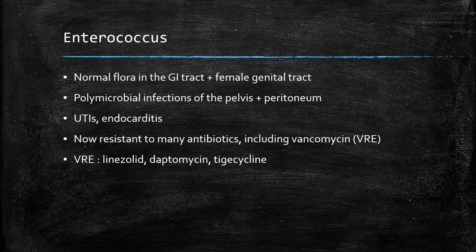Enterococcus is responsible for many UTIs and some cases of endocarditis as well. The big challenge in treating enterococcal infections is that it's now resistant to many antibiotics, including vancomycin. Vancomycin-resistant strains will need to be treated with linezolid, daptomycin, or tigecycline.